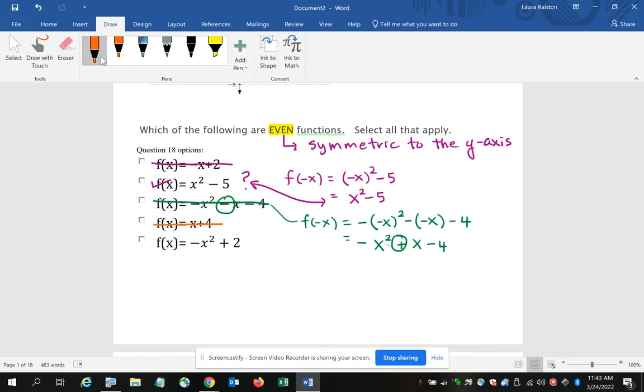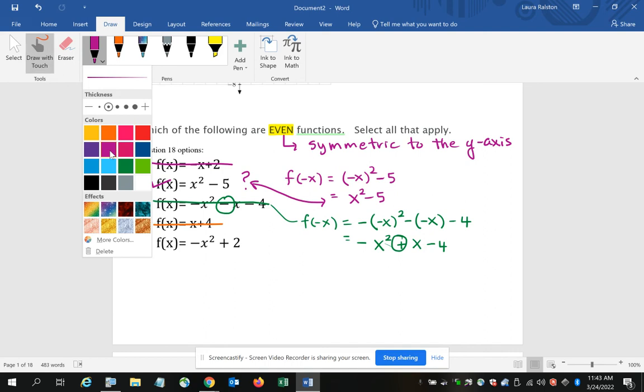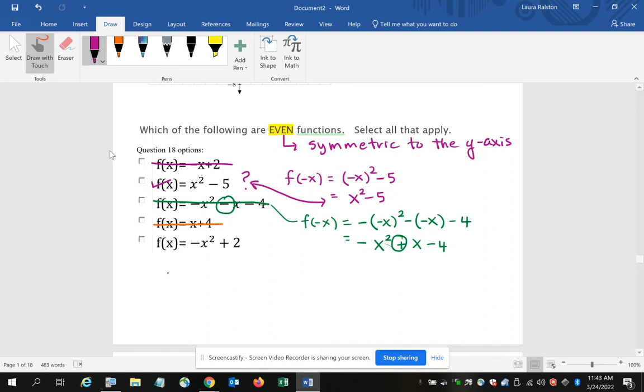So if I check that one, I'm going to have f at negative x equals the opposite of negative x squared plus 2. So I have the opposite of x squared plus 2. Notice it does also come out to be the same as the original. So the second and the fifth one are even functions. They are symmetric to the y-axis.